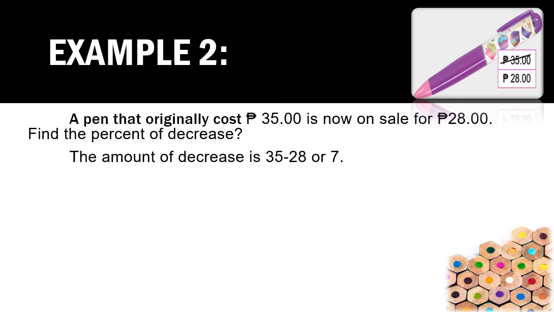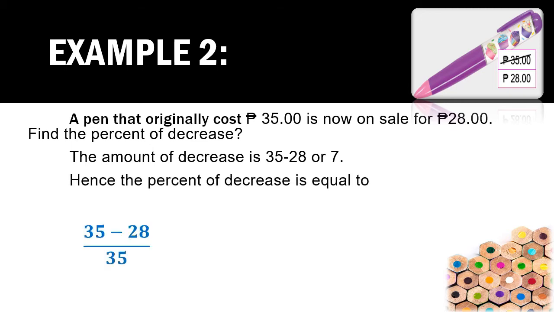The amount of decrease is 35 minus 28. So we will get first the amount of decrease by subtracting the current price from the original price. So we have 7. Hence, the percent of decrease is equal to 35 minus 28 over 35.